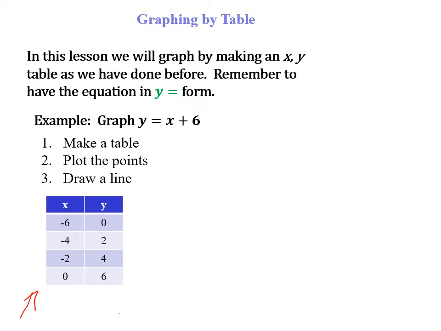Plugging each of those into the equation, we can see what we get for the values of y. If we put -6 into the equation for x, y comes out to 0, and so forth.